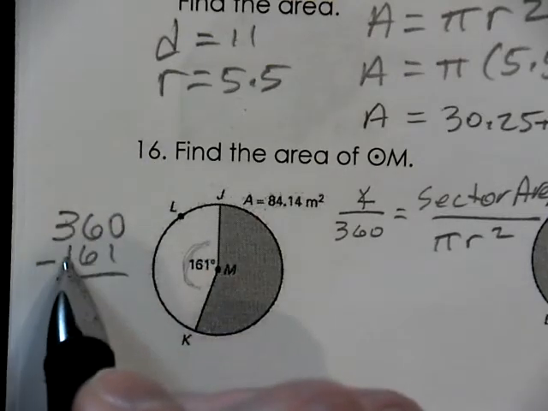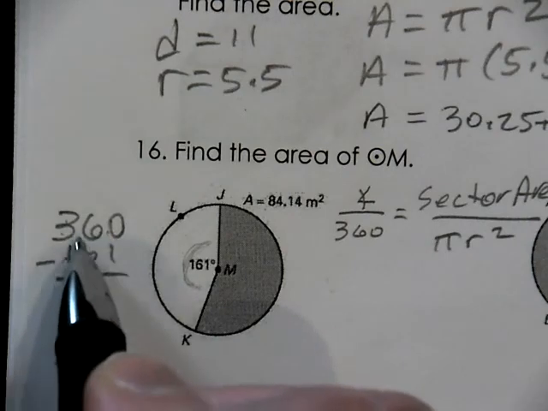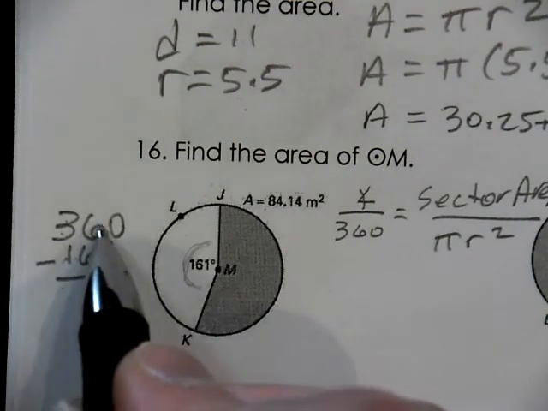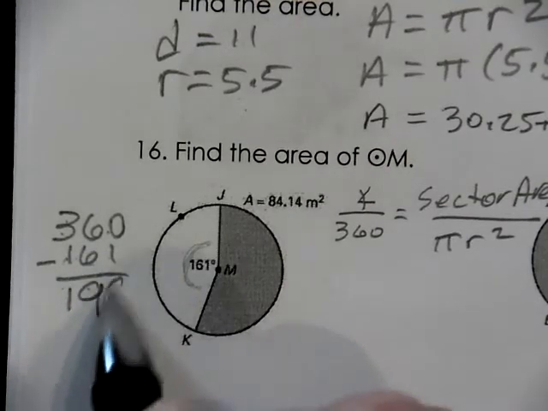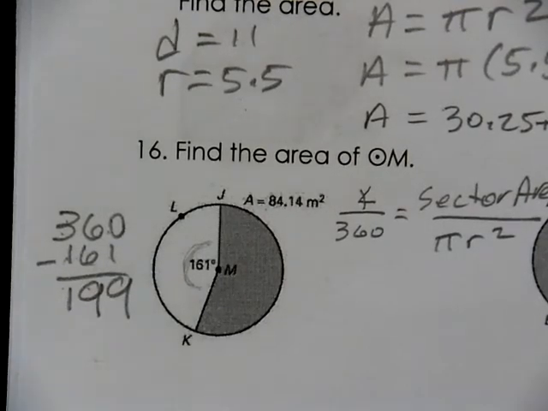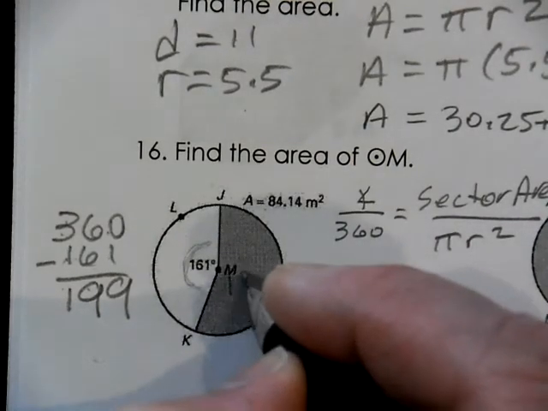Let's see. If we minus 100, we get down to 260. So if we minus 160, we get down to 200. So we're at 199. So that is the angle that's over here.